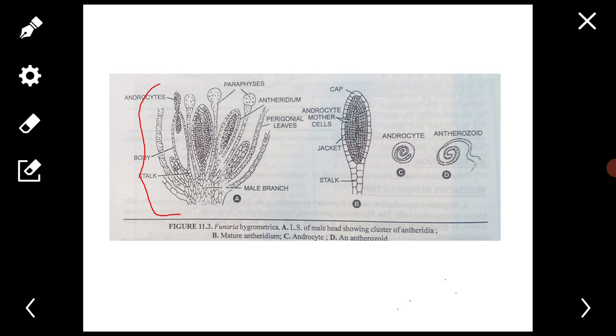Next, that is the antheridia. The antheridia are borne in groups at the apex of the main axis, which functions as the male branch. The apex of the branch is somewhat convex and bears a cluster of antheridia.